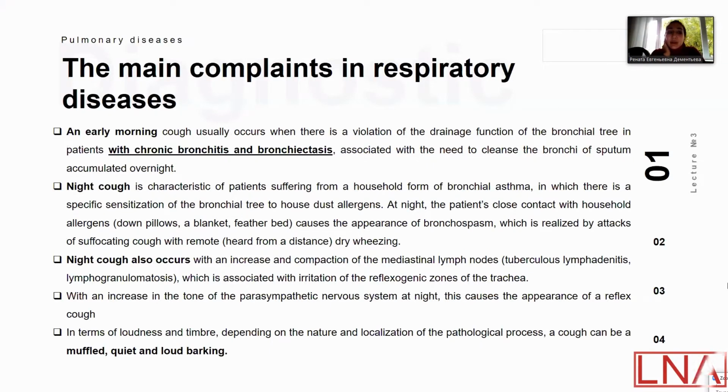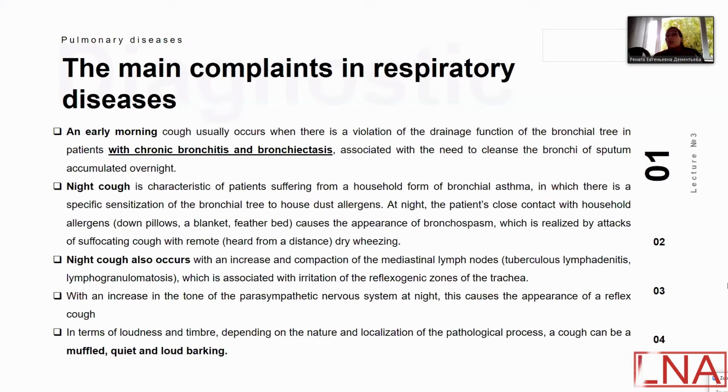Early morning cough usually occurs when there is a disturbance of the drainage function of the bronchial tree in patients with chronic bronchitis, who need to clean out this fluid through the bronchi, to clean the bronchi of sputum which accumulated during the night.